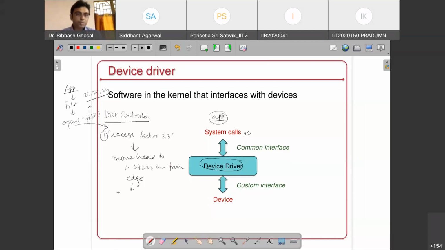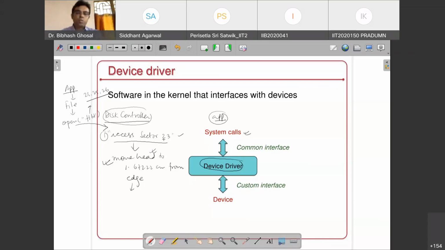And this is the actual movement that is taken care of by the disk controller. So these are the two instructions: the one executed by the disk controller is this one, and this is the one that the disk controller advertises to the operating system via the device driver.